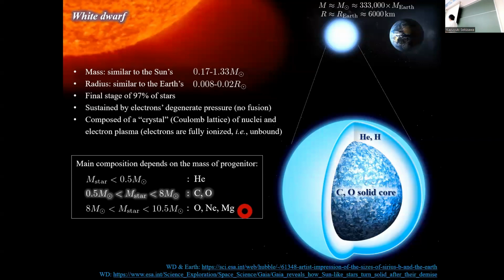The elements depend on the mass of the progenitor. What was the star that decayed to the white dwarf? In the case of a lighter star, only helium nuclei can be there. But in the case of a more massive star, we may have those elements that were synthesized through fusion reactions before the gravitational collapse. So this is just a comment on what is inside a white dwarf.